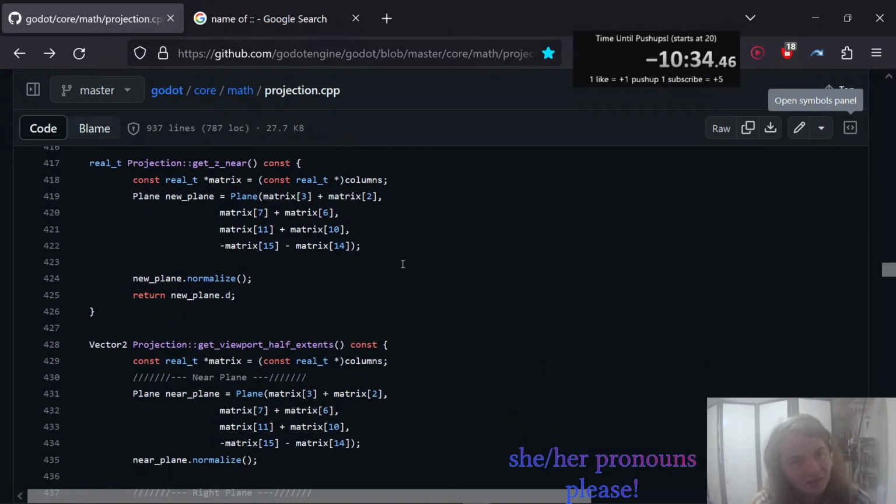Real T projection get Z near const, real T times matrix equals const real T times columns. Plane new plane equals plane matrix of 3 plus matrix of 2, matrix of 7 plus matrix of 6, matrix of 11 plus matrix of 10, minus matrix of 15 minus matrix of 14, end statement. New plane dot normalize. Return new plane dot d.